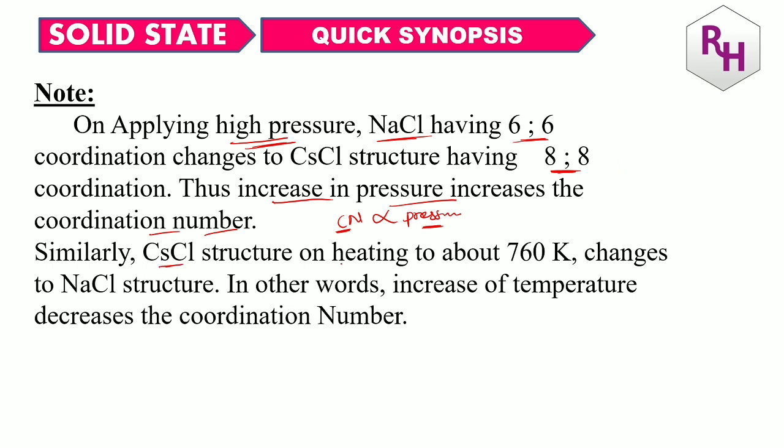Similarly, CsCl structure on heating to 760 changes to NaCl structure, which means increasing temperature decreases the coordination number. Temperature and coordination number are inversely related. This is about CsCl and NaCl conversion.